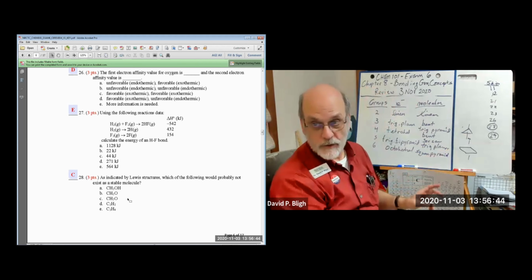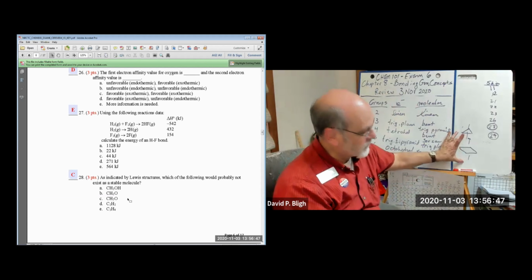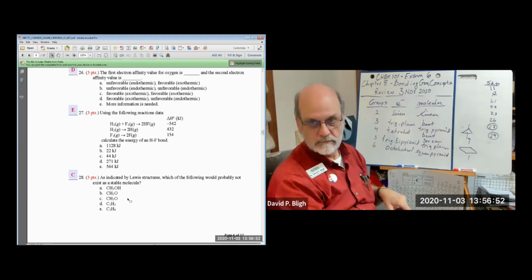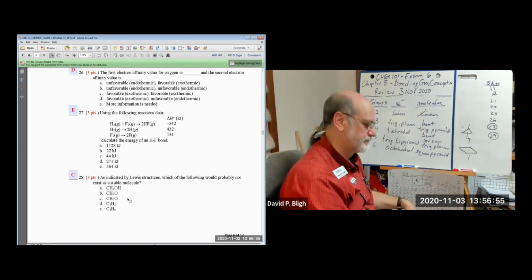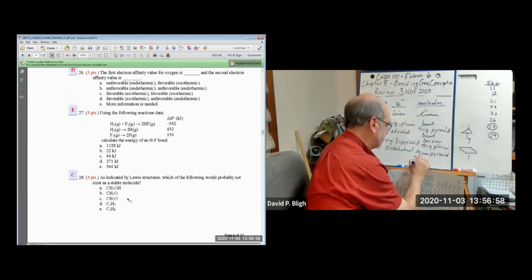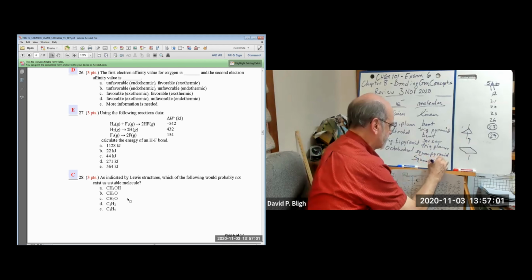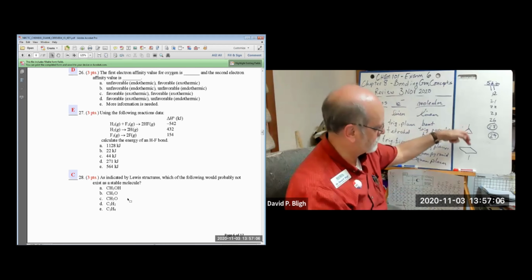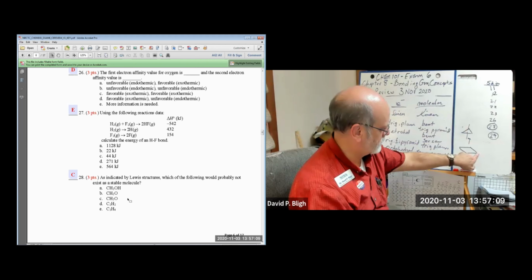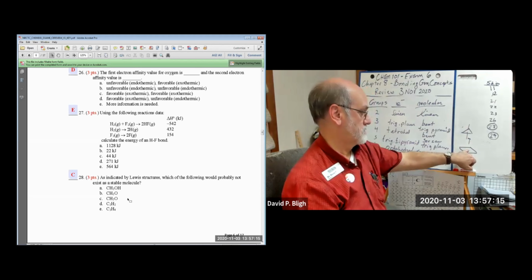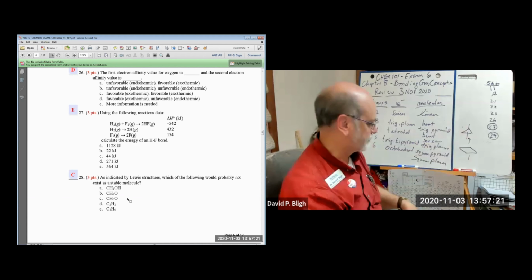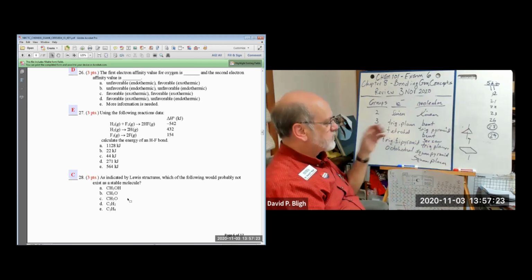With 1 lone pair. With 2 lone pairs, they should go opposite one another. And that means you would have a square planar. With 3, if you have 1, 2, 3, that would give you, I can't think of an example, so I'm not going to give you one of those. That covers most of everything.